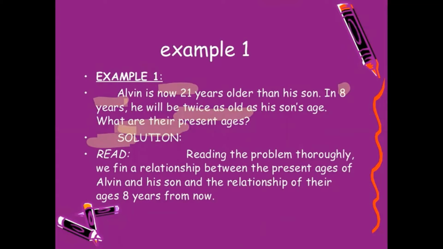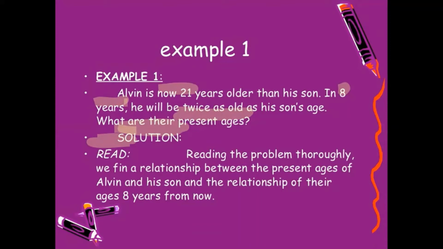There may be more than two in other problems. The relationship now is 21 years, and in 8 years the second factor is 8 years. Alvin is now 21 years older than his son, and in 8 years he will be twice as old as his son's age. What are their present ages?